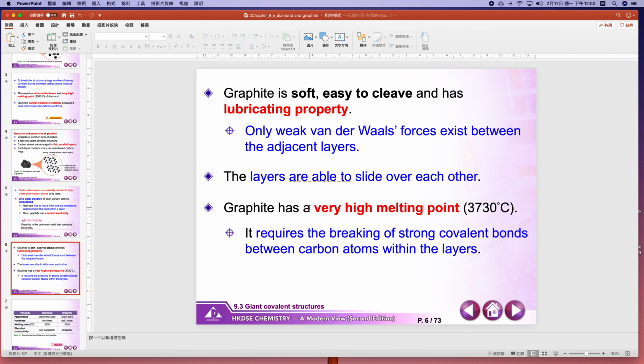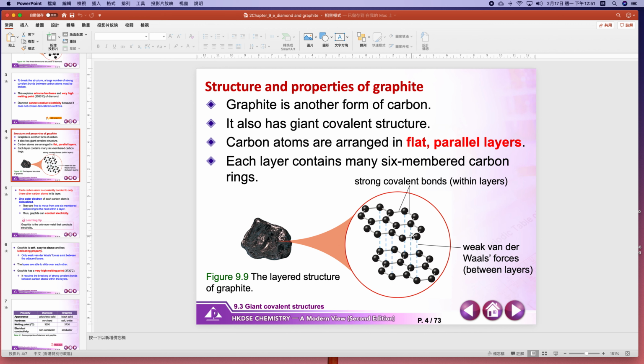Finally, if we talk about the melting point, we can also say graphite has a very high melting point, because if we want to melt graphite, actually we can't only break the weak van der Waals forces. Additionally, we have to break the strong covalent bonds between the carbon atoms.